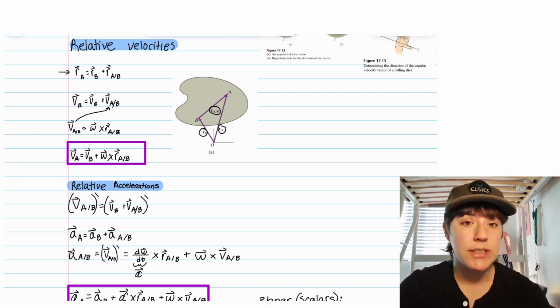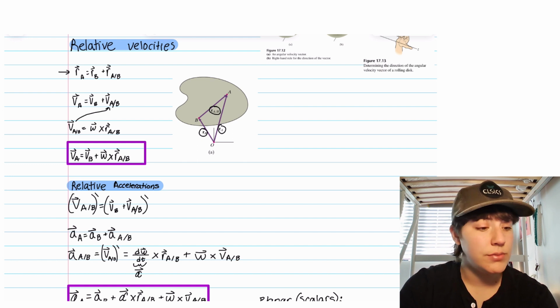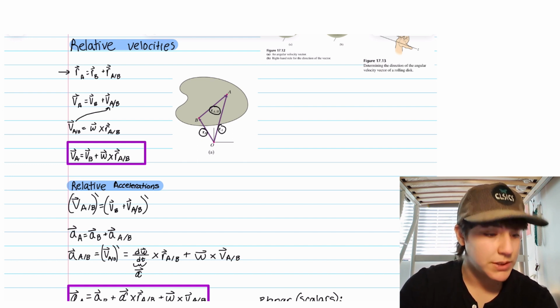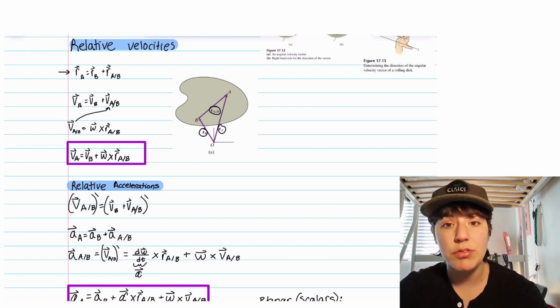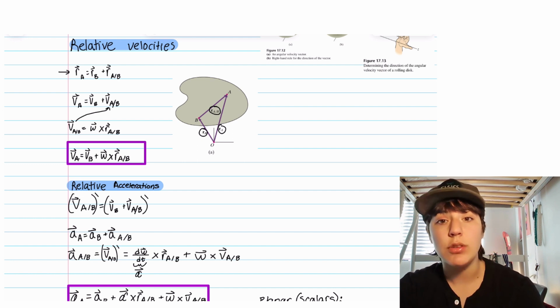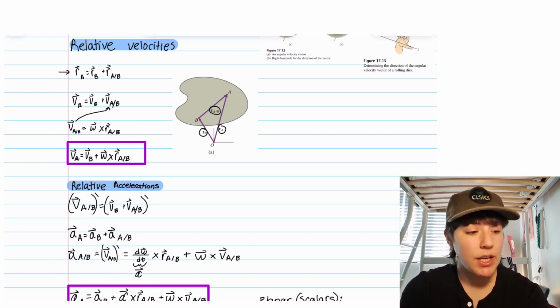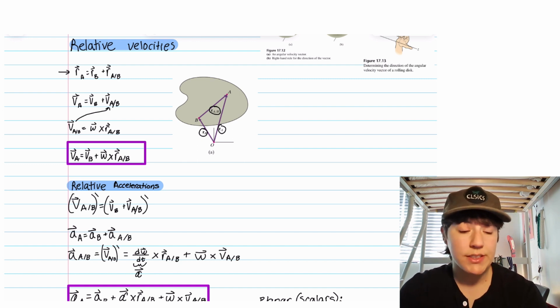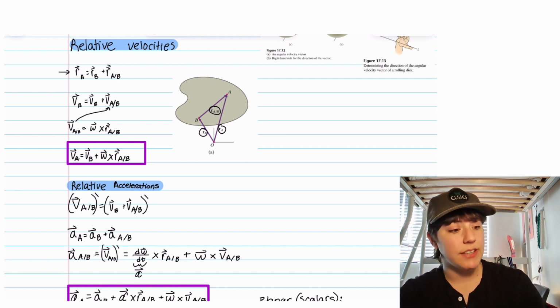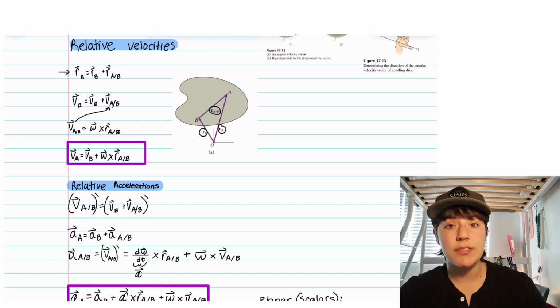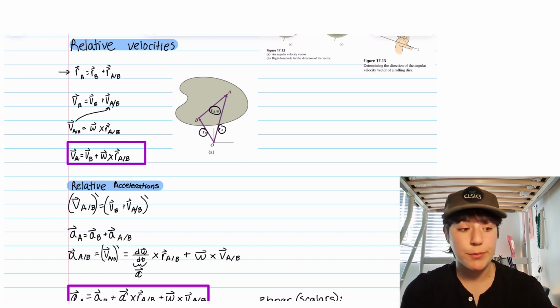So that is, in equation form, the position of A equals the position of B plus the position of A relative to B. Then to get to this next equation that you'll need, the derivative of this equation is taken to give you the velocity of A equals the velocity of B plus the velocity of A relative to B.